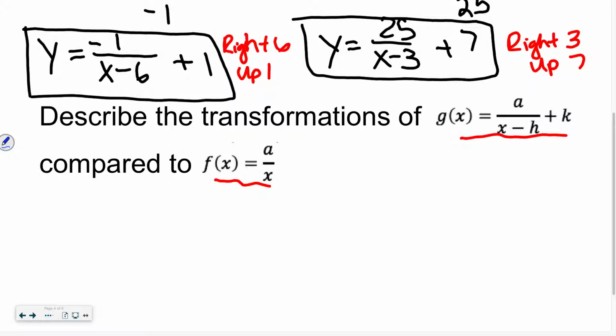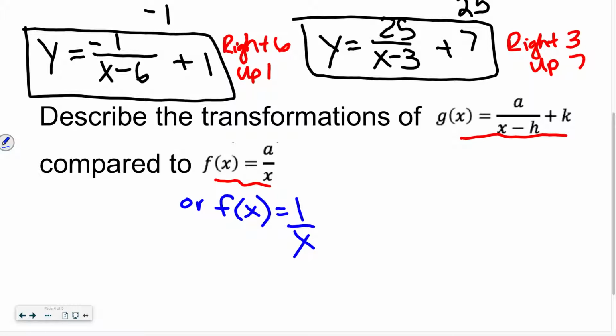I think that's what the directions on the homework say. Tomorrow you'll get your quiz review, and there will be some questions like that on it. There are also some other questions where it asks you to compare to the parent graph that we did in our notes yesterday for the inverse, which was inverse variation, just 1 over x. If I add this blue version up here, now I have to address what h is, what k is, but also what a is doing.